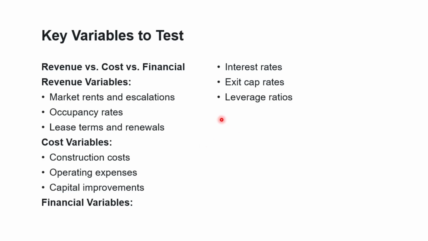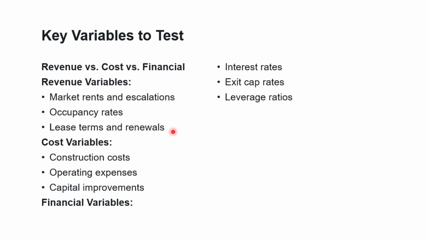Market rents and their escalation rates often have the biggest impact on returns. Then we have occupancy rates, which can make the difference between success and failure. Then we have lease terms and renewal probability, which affect your cash flow predictability.